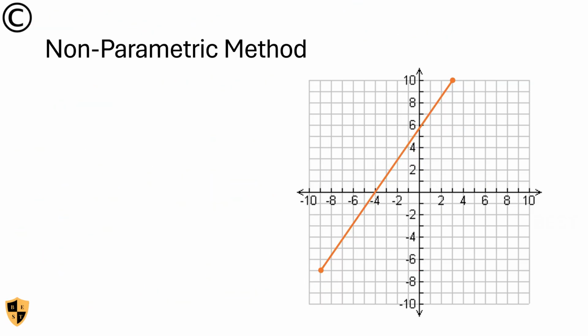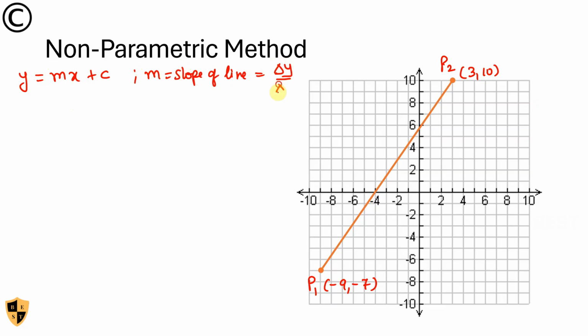The next one is the non-parametric method, which we have generally already done in high school. In the non-parametric method, we are going to use a generic equation, which is y equal to mx plus c, where m is the slope of the line, which is delta y by delta x, which is y2 minus y1 divided by x2 minus x1.